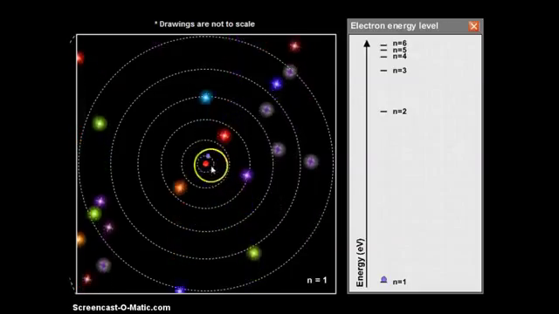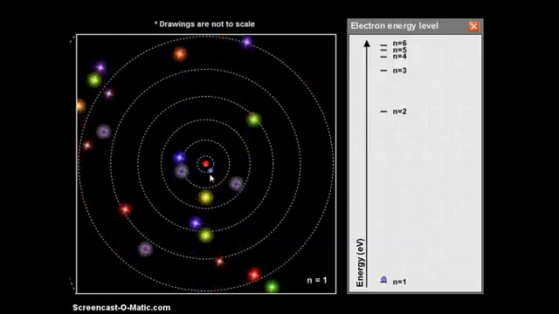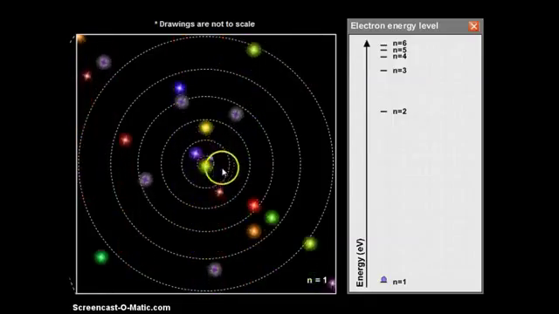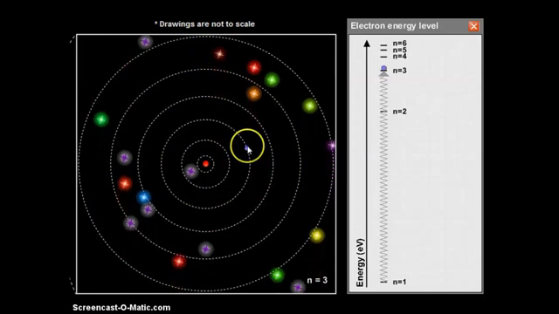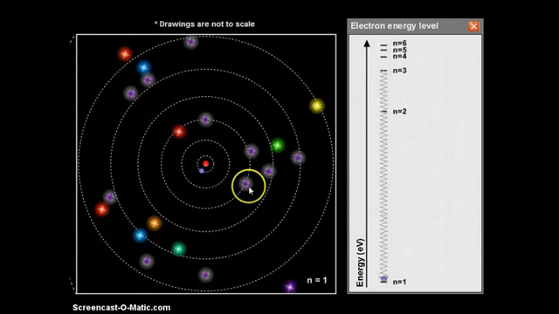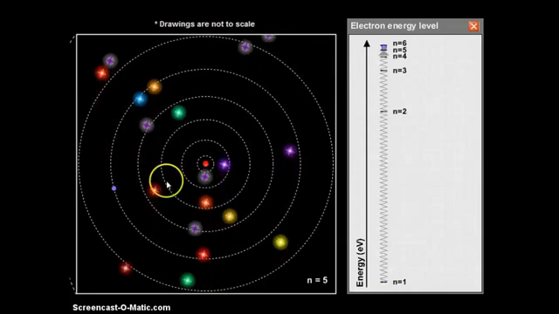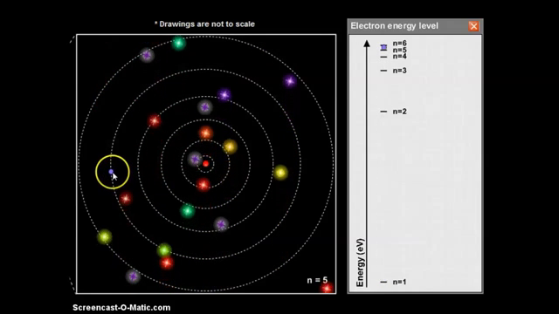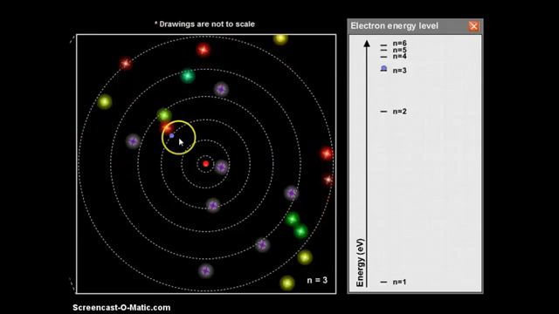And so if this electron absorbs the right amount, the very specific amount, a quantum of energy, and you can see some of the light just goes right by it, but then it absorbs a very specific amount of energy that gets it a very specific distance away, and then when it loses that energy it's going to let off photons. So let's see if it lets off this photon, and there's the photon let off.